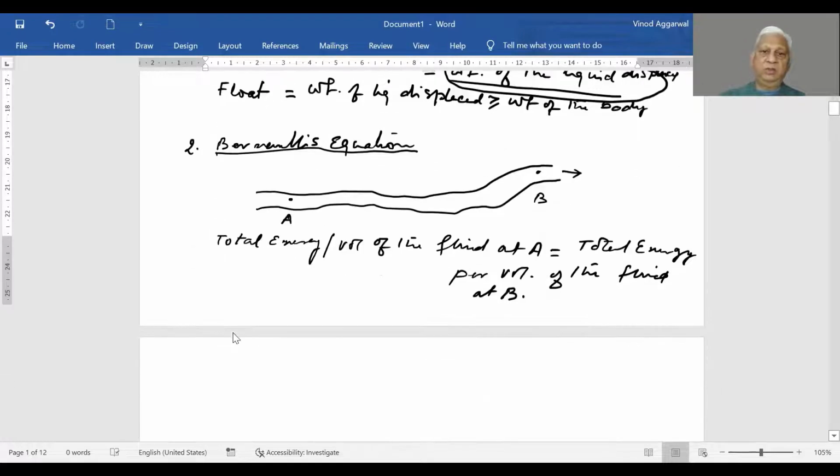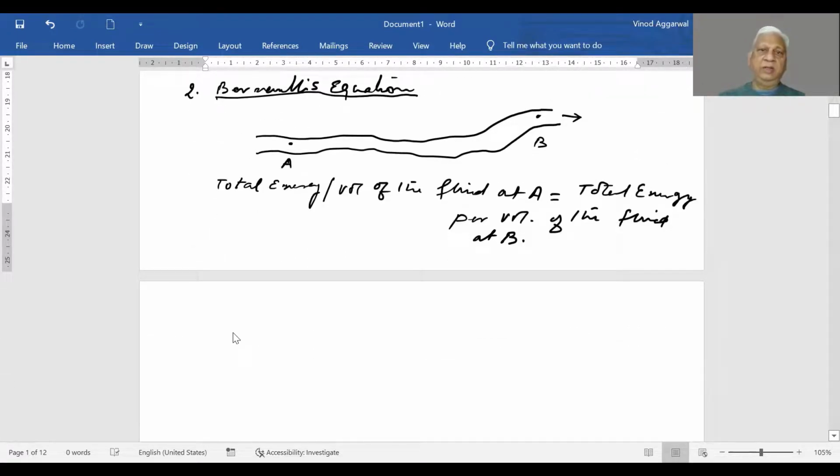Now, what are the energy components a liquid can have while flowing? First thing is the pressure energy. If pressure at point A is bigger than pressure at point B, it is capable of doing more work, right? Second thing is the potential energy.